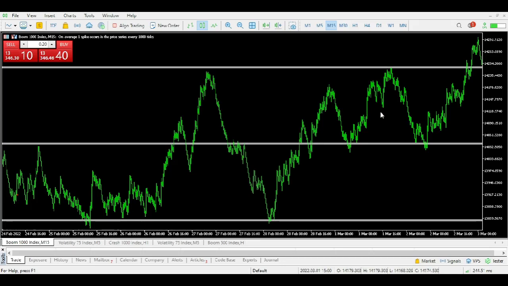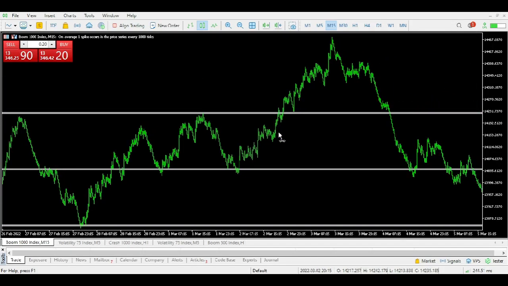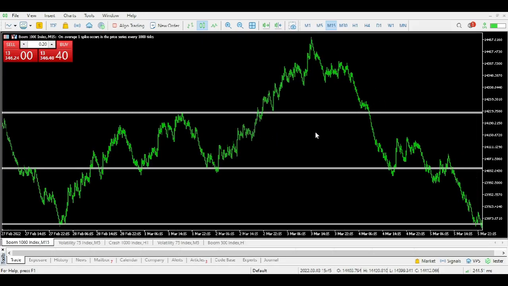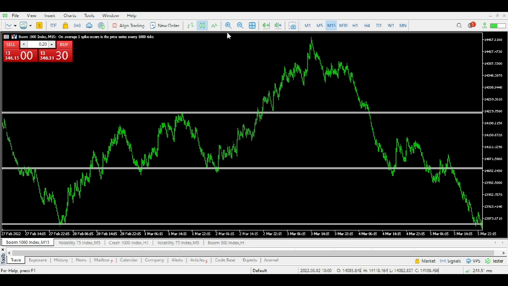Somebody said I should probably show you how you can use the same thing to trade boom and crash. Many people love to trade boom and crash in terms of synthetic indices. There are many other synthetic indices that you can trade, but it seems volatility and boom and crash are the most popular ones.